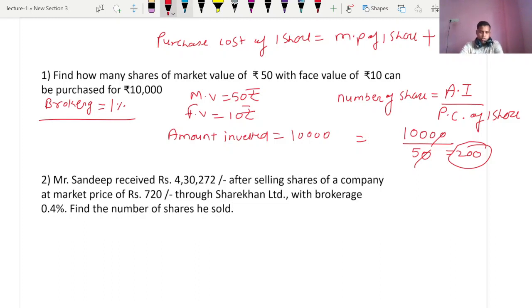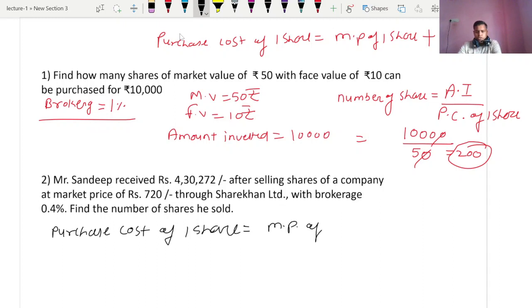So how will you solve it? So see here. Now the brokerage charge is 1%. Therefore, the purchase cost of one share will be equal to the market price of one share plus brokerage charge. And I always say that brokerage charge is based on the market price.